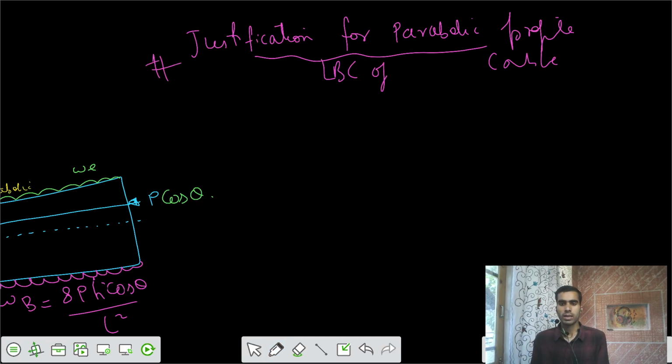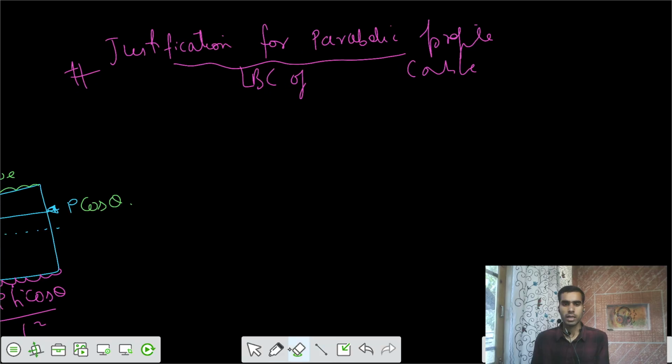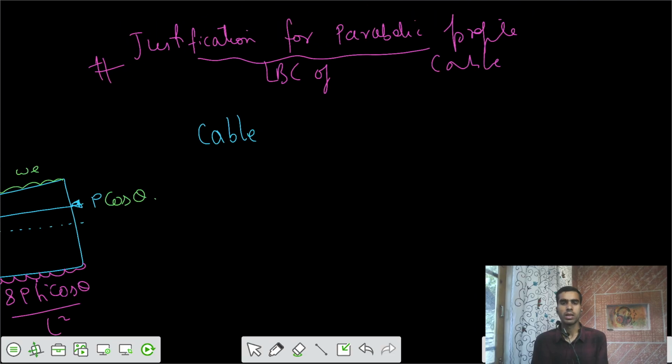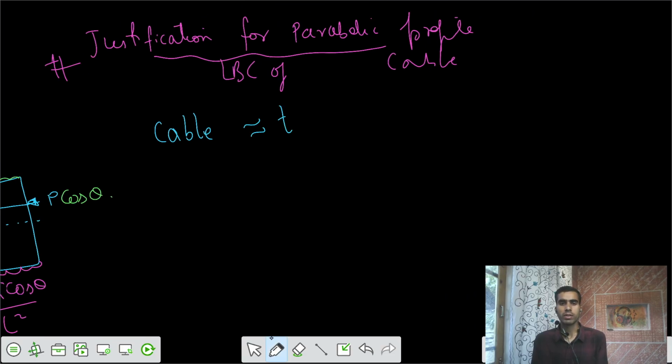Let's assume, as in a suspension bridge cable, that this tendon is similar to that of a cable. This cable is similar to that of a tendon here.